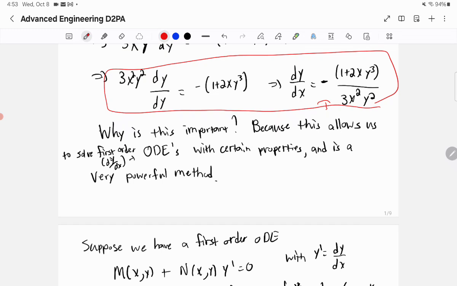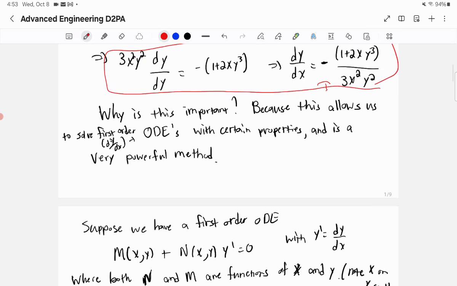So why is this important? Well, as you'll see as we move later on into this video, you can use this fact to help solve first order differential equations. And just to foreshadow where we're going, this is going to lead into the integrating factor.